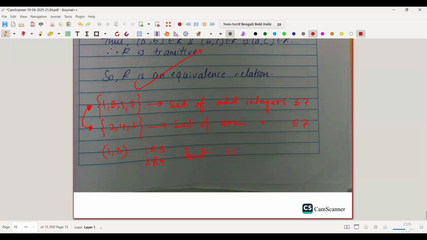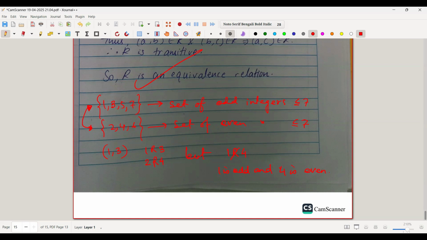But 1 is not related to 4 because 1 is odd and 4 is even. So this is why 1 is not related by R to 4.